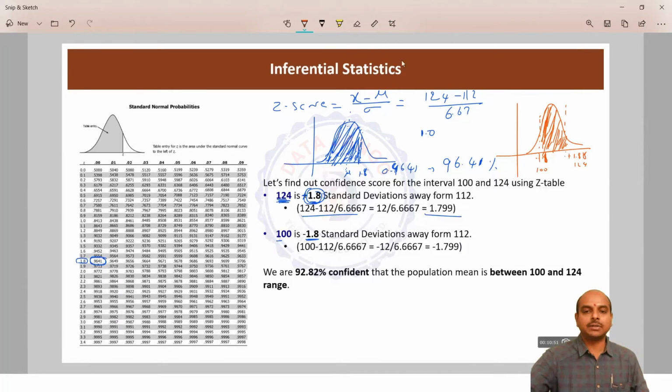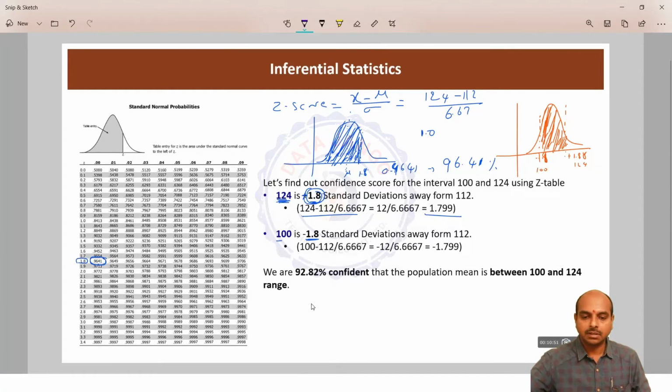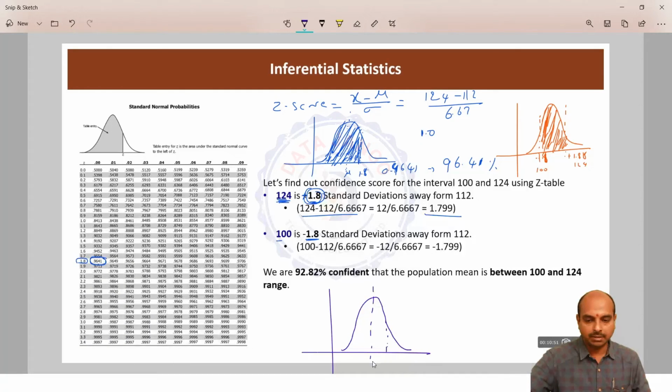To find this out, we need to find this part from the mean to 1.8. If we can find this area, we can double that, right? Double that, and then find out the probability.